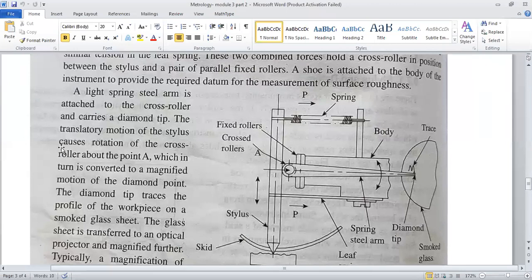So here the translatory motion of the stylus causes rotation of the cross roller about the point. So this is the cross roller.